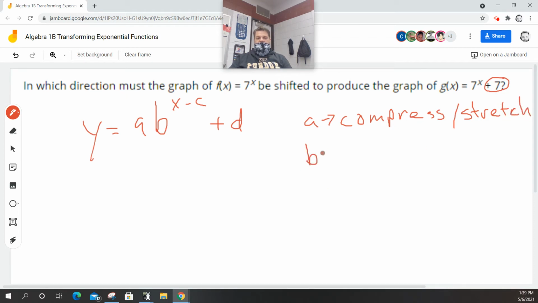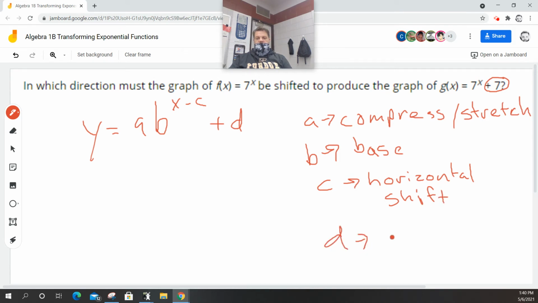B is the base, that's just the number that we continually multiply by itself. C is the horizontal shift and D is the vertical shift.